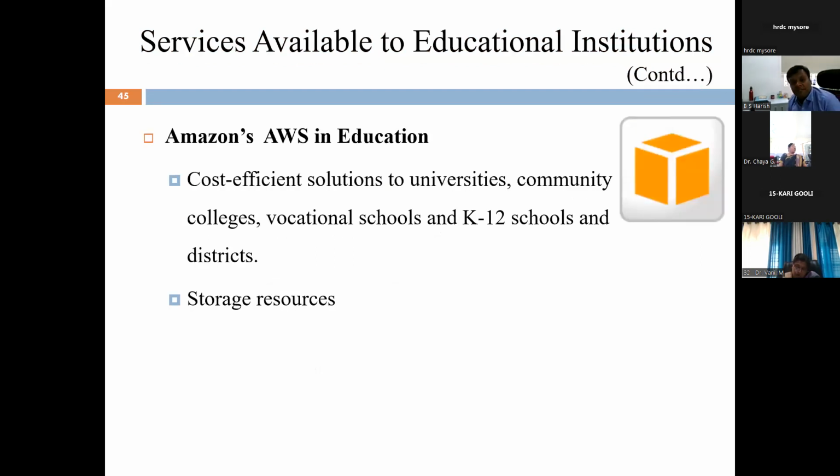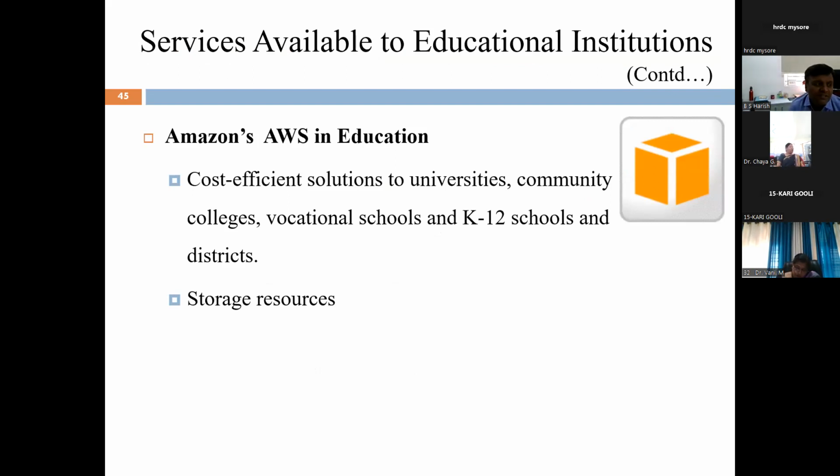Then we have Amazon AWS, that is Amazon Web Services, in education, where you can store huge resources and attend and participate in the various classes that are made available in the Amazon cloud.